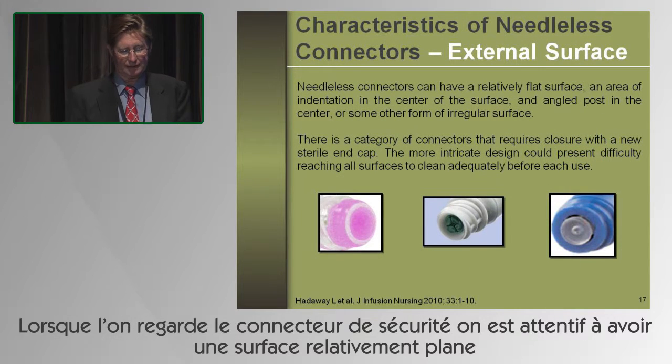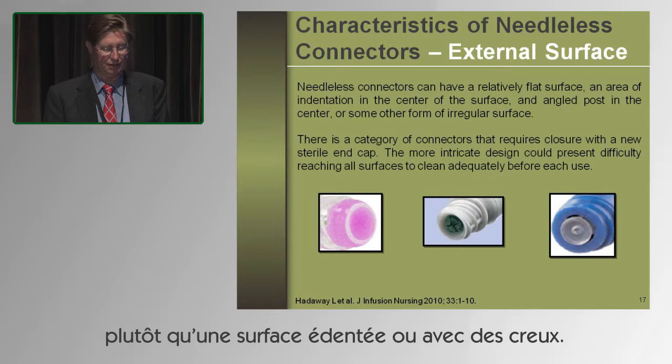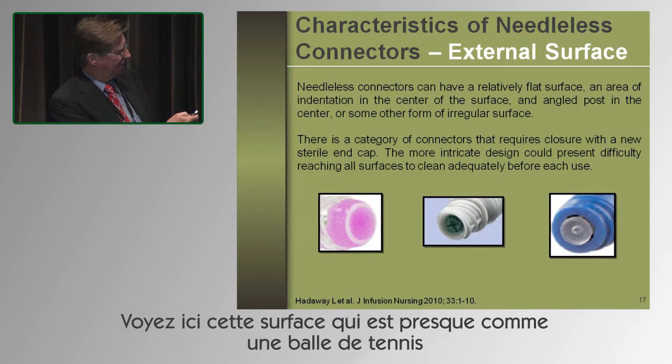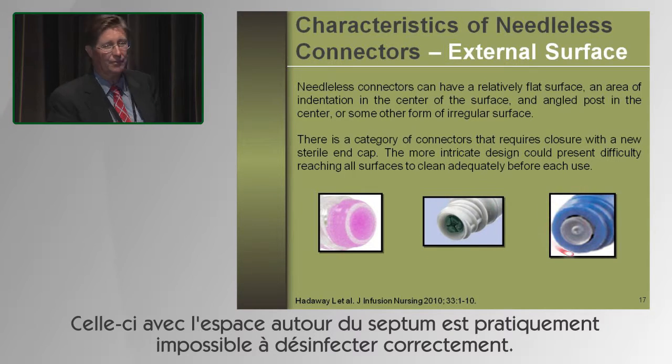If you look at the needleless connector, you want one that has a relatively flat surface rather than an area of indentation or angled post. As shown here, this surface almost looks like a tennis ball, but it's very easy to disinfect, whereas that is very difficult to disinfect, and that with the gap is virtually impossible to adequately disinfect.